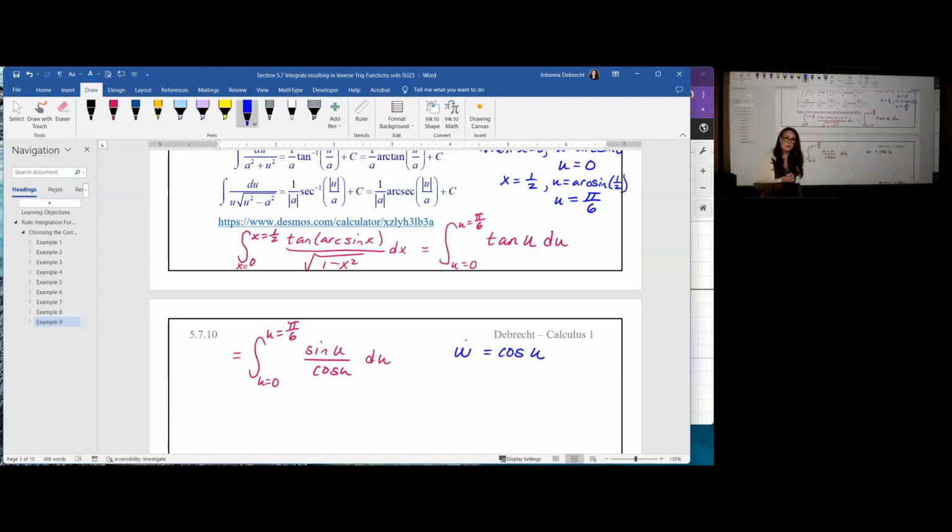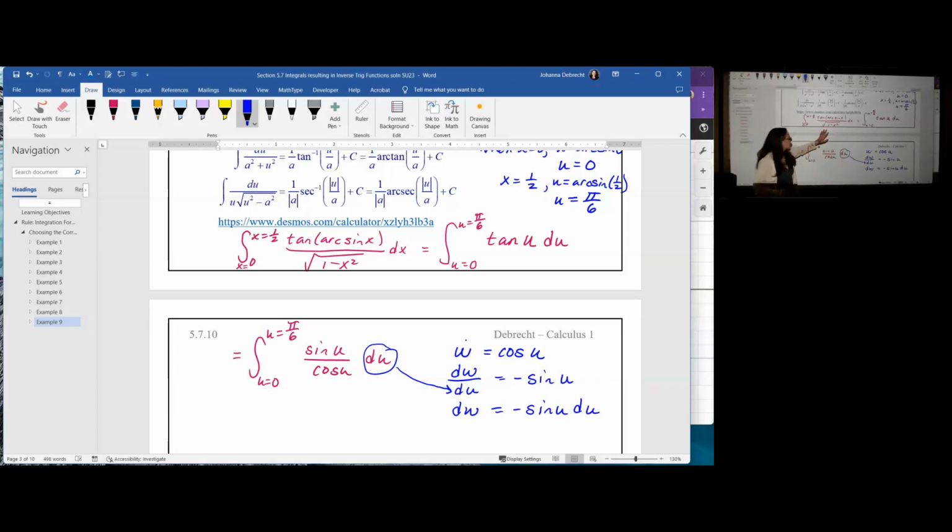Now, when I take the derivative, I want to do it with respect to the differential that is in the integral that I'm changing. So I want to take the derivative of w with respect to u. This differential has to match that differential. This is going to give me negative sine of u. And I abuse the notation to solve for dw, and I get negative sine of u du.